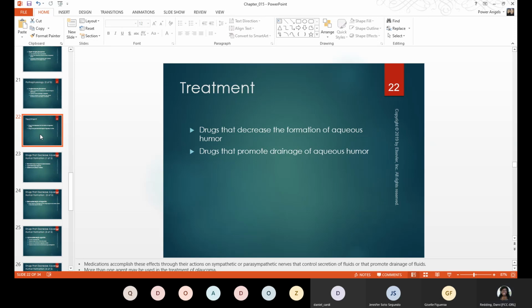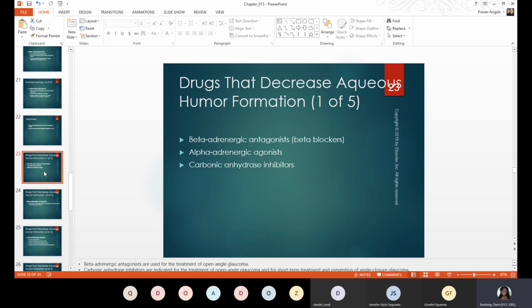More than one drug may be used in the treatment of glaucoma. A person may have more than just one medication, a person can have multiple. That's not going to be uncommon if you see that in a pharmacy setting.